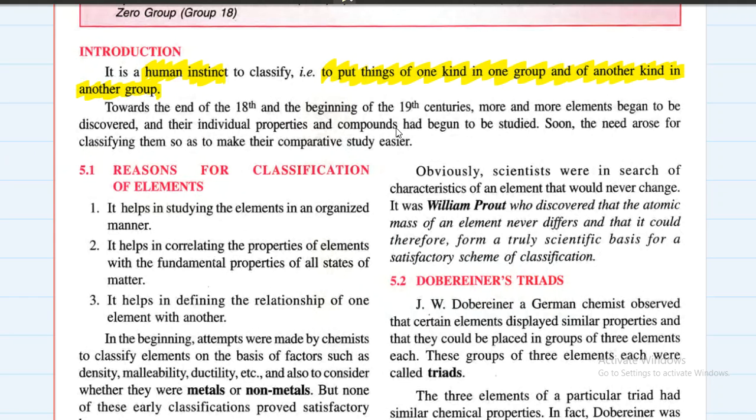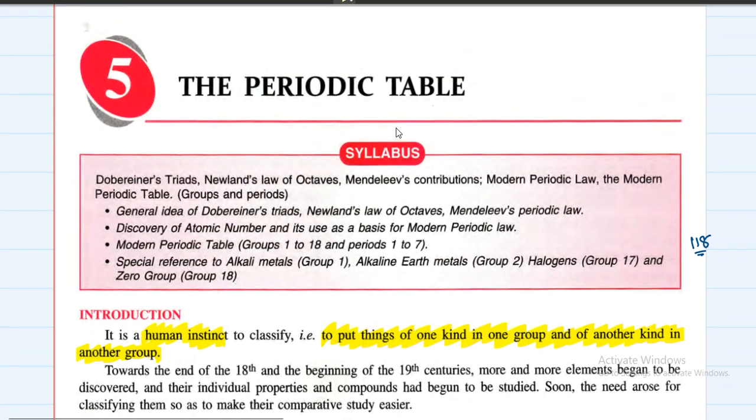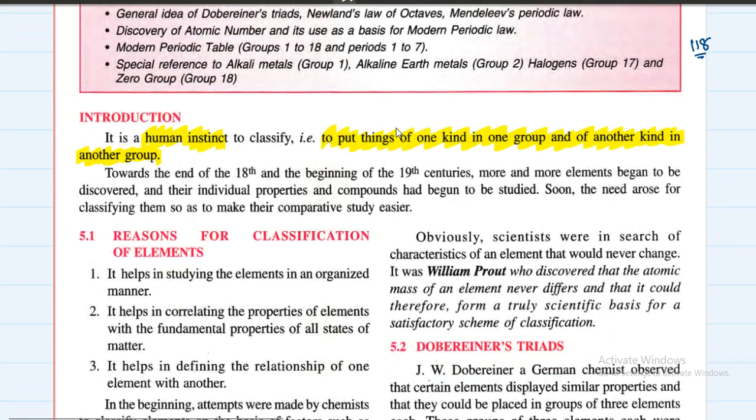That is a kind of segregation. So the periodic table is nothing but a segregation of the elements discovered so far, and also the elements which are yet to be discovered will be put in this periodic table.